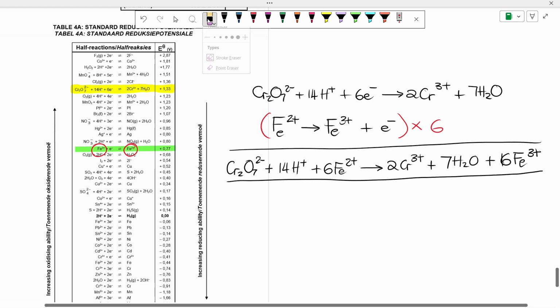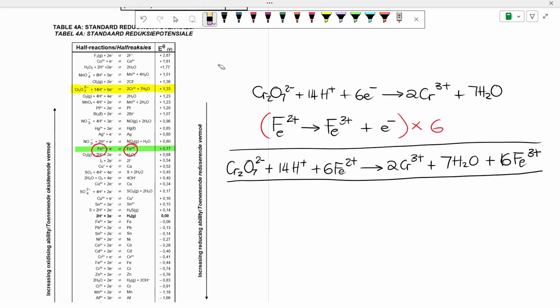After balancing my electrons, then everything now should be nice and correct.